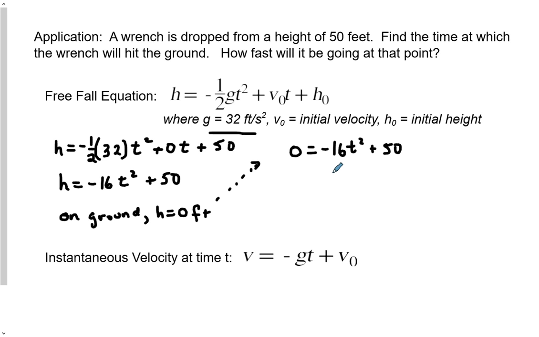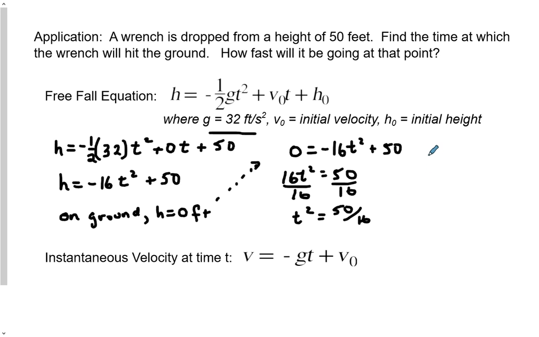Solving, the method is to move our 16t squared to the other side by addition, and adding 16t squared to both sides gives me 50. And then I would divide both sides by 16 to isolate t squared. So to solve for t, we have to take our square root on both sides.